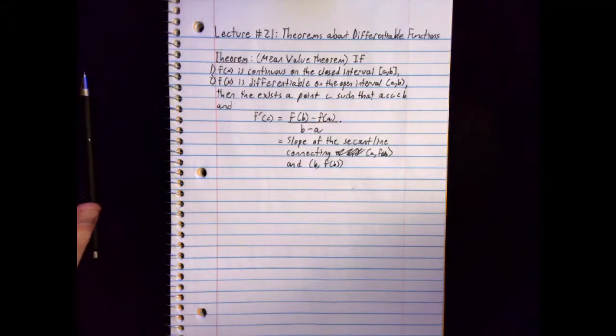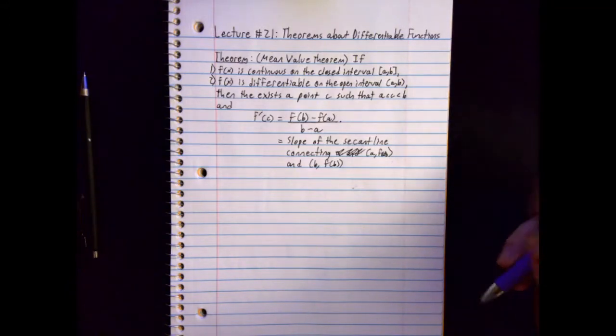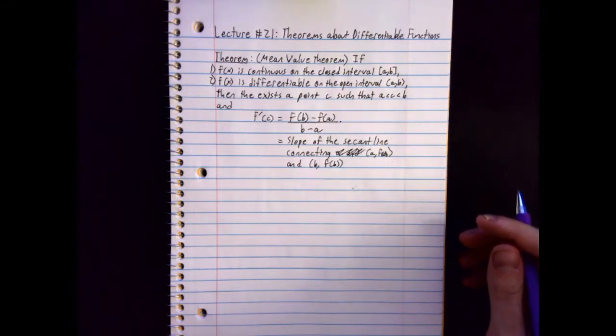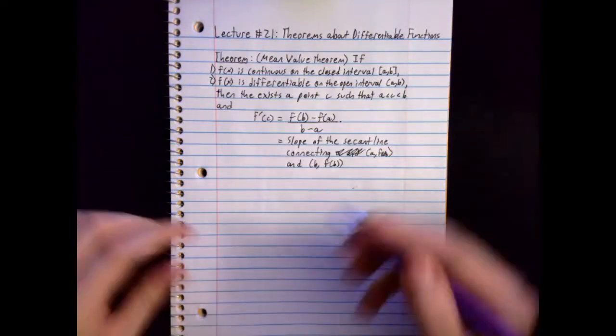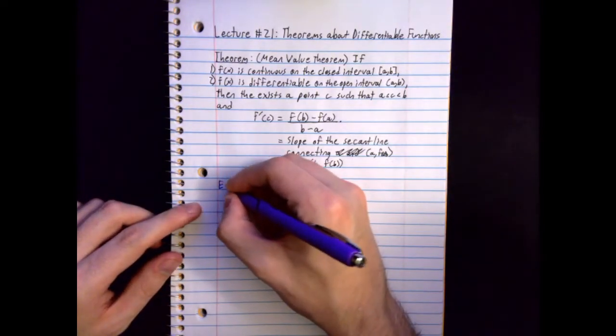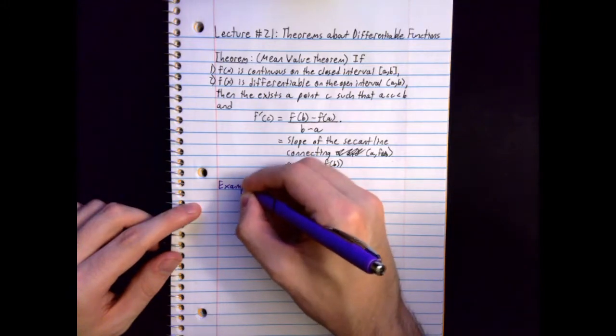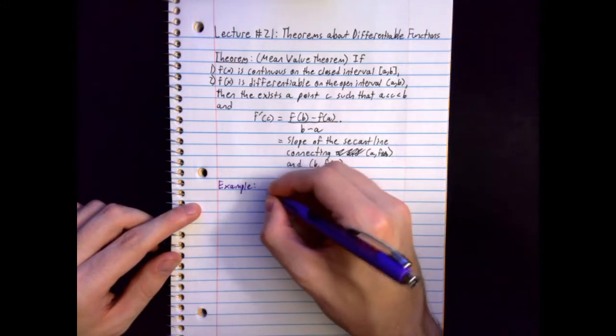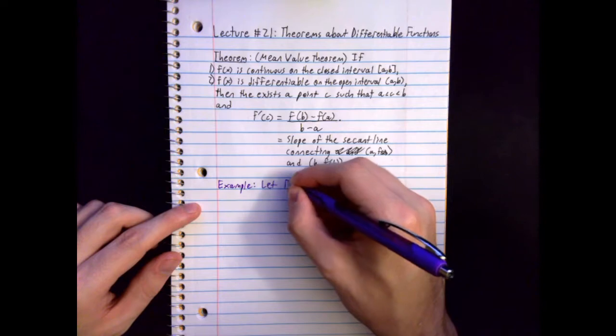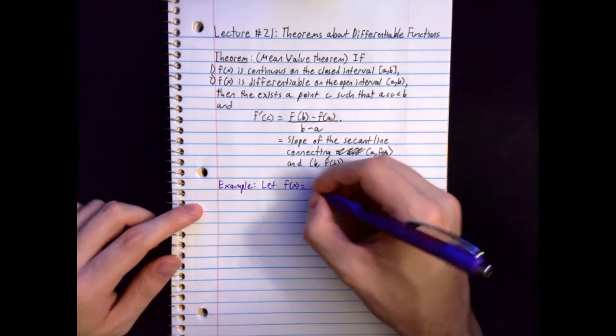Maybe let's do a quick example about how to reason with the mean value theorem. So example, let f of x equal x squared.